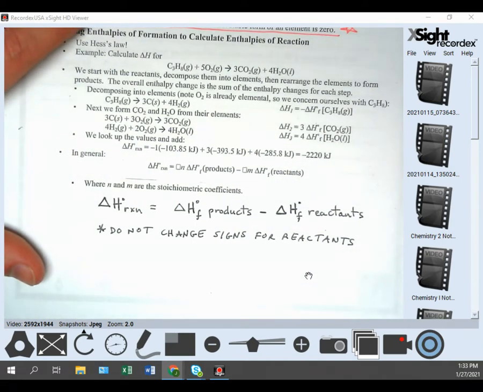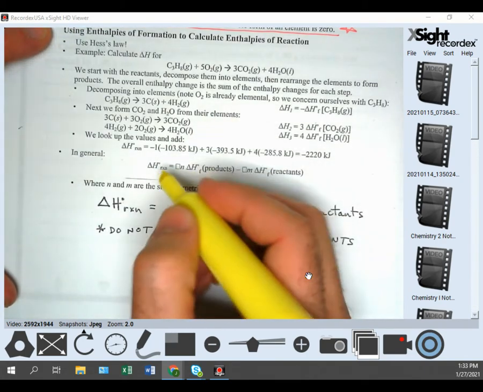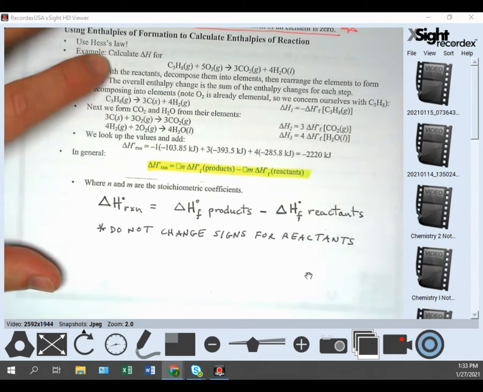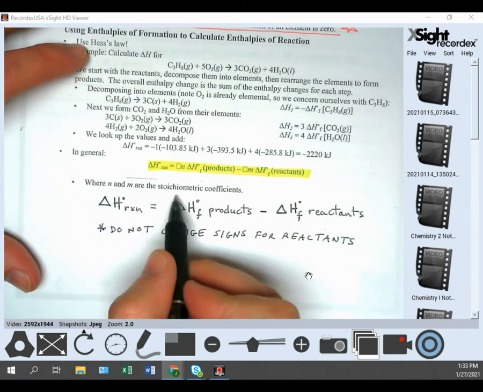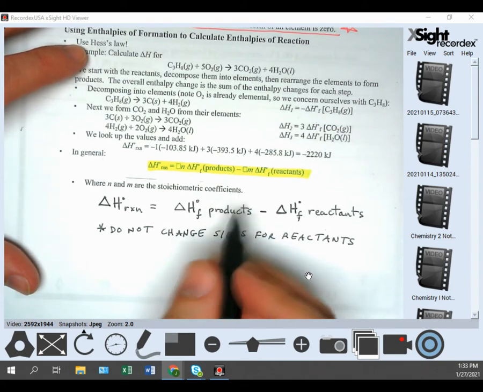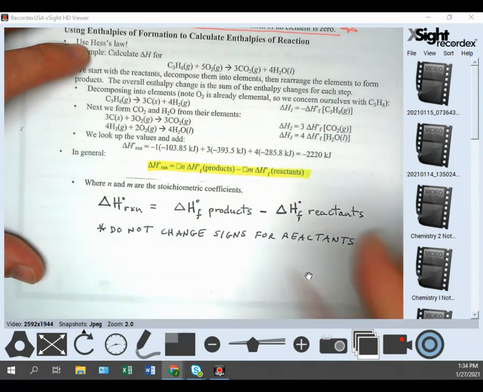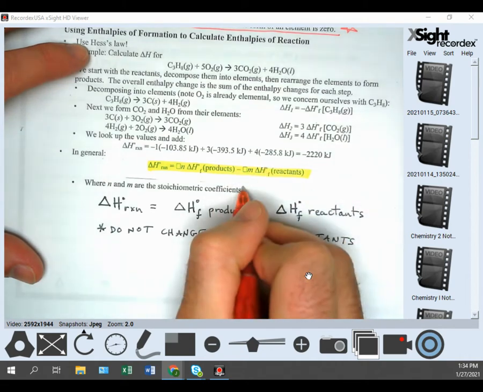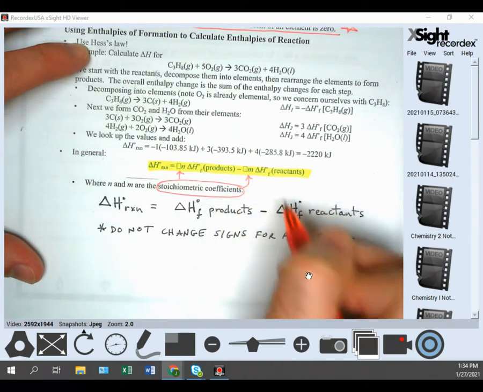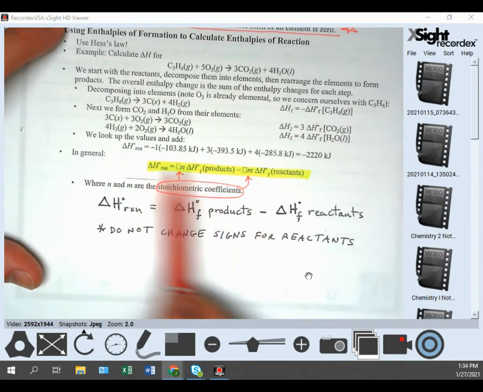Well, that's this thing here, where the n and m are the stoichiometric coefficients. So it's that times the delta H of formation.